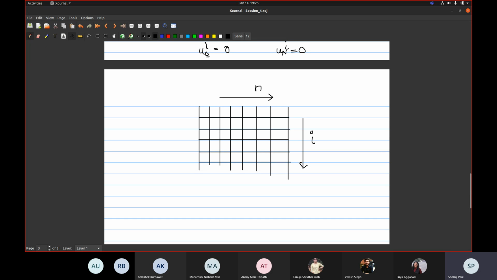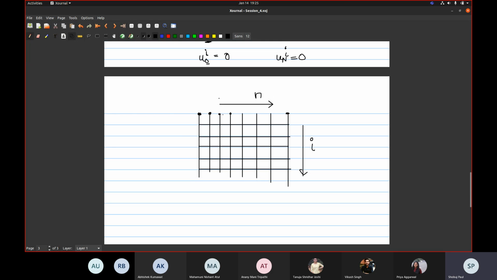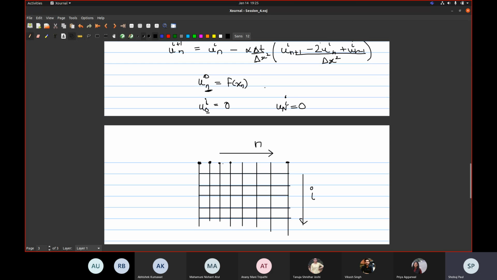So this is x0, this is x1, this is x2, this is x3 till this is xn. Something like this. I know the values of temperature at x0, 1, 2, 3, that is u0, u1, u2 till un.